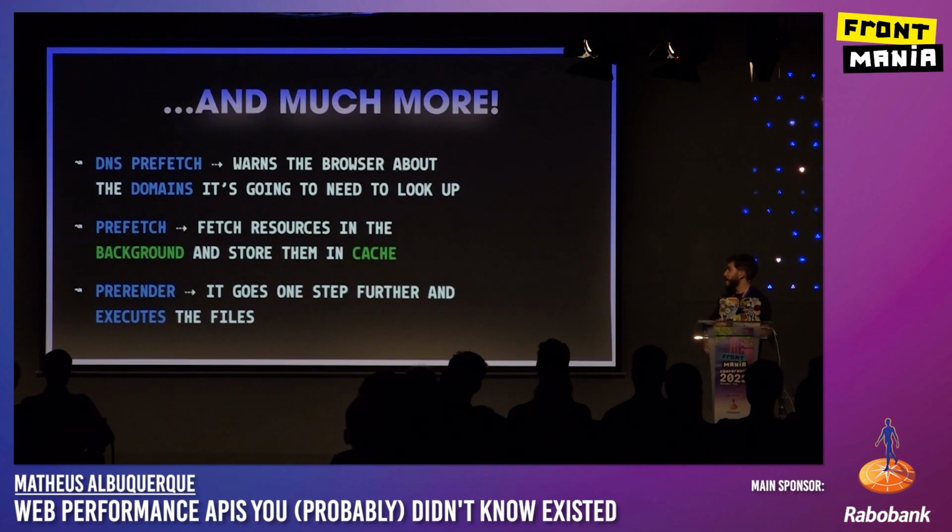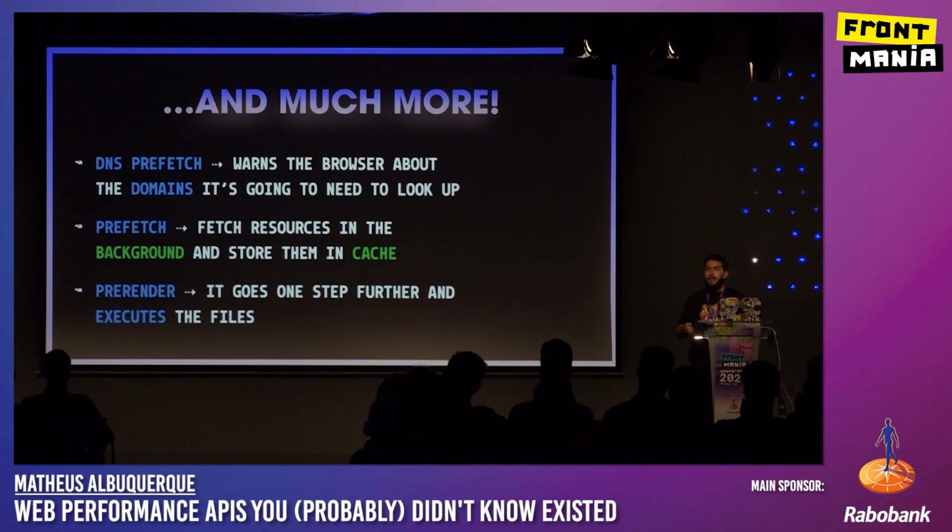And we have much more. With DNS prefetch, for example, we are able to tell the browser about other domains. So let's say we are using a CDN for something that's out of our domain. That's one scenario. With prefetch, we can start fetching resources in the background, which is really helpful.